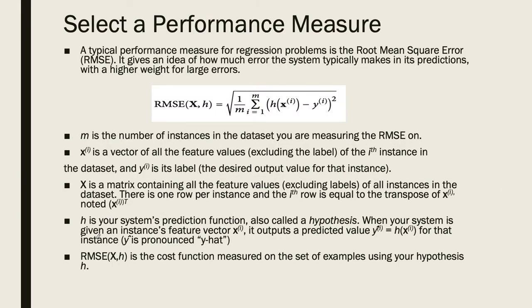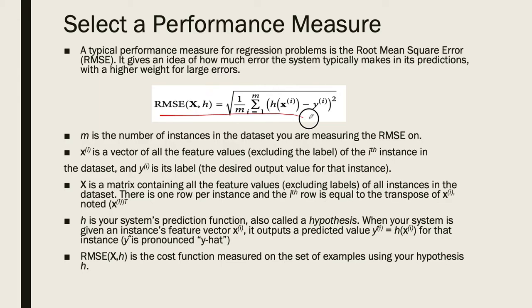Okay, so we have about 3 sets of metrics that could be used. I'm going to quickly run you through it. Number 1, the RMSE, which represents the root mean square error. It gives an idea of how much error the system typically makes in its predictions, with a higher weight on large errors.